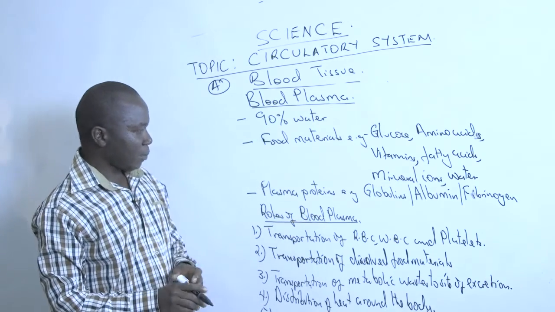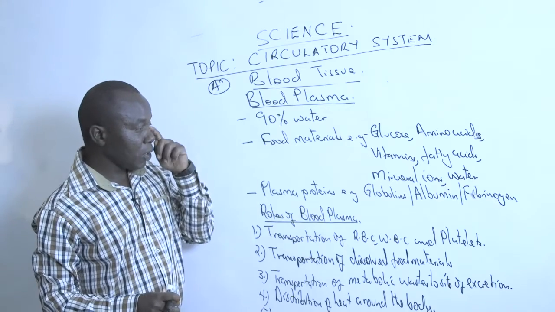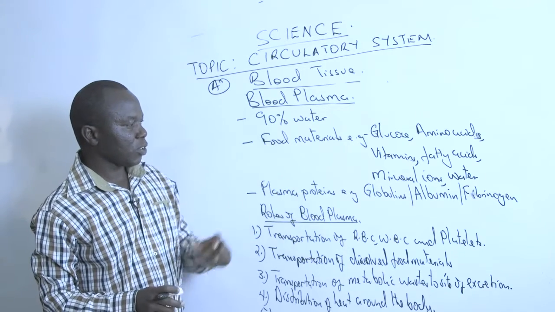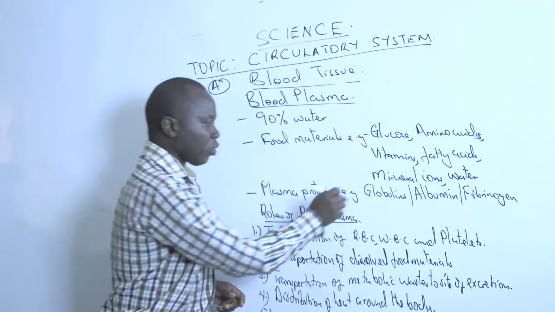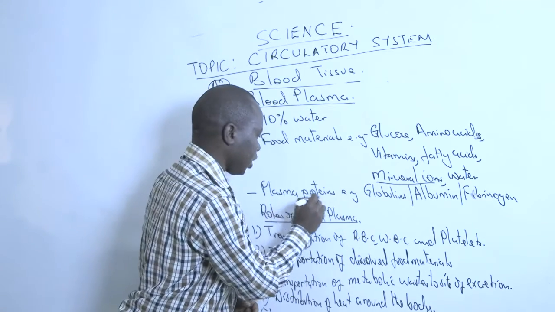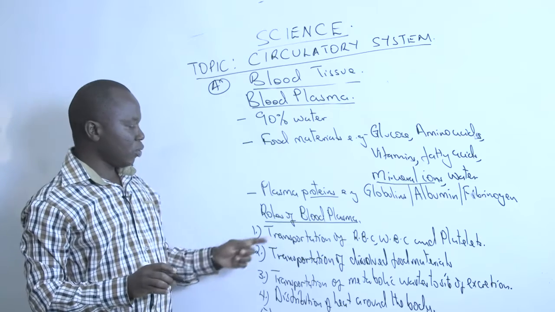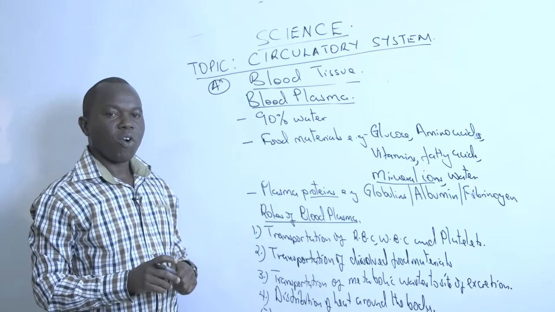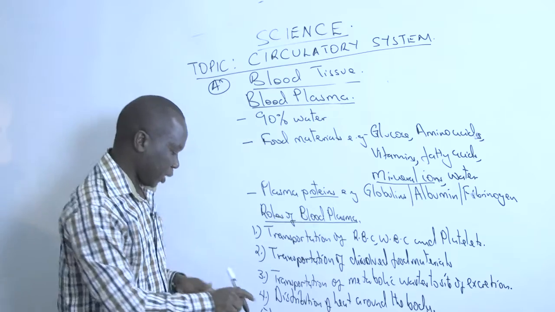Another role of blood plasma: we have said it contains mineral ions and those proteins. Because of possessing mineral ions and these proteins, it is going to be involved in regulation of osmotic pressure.